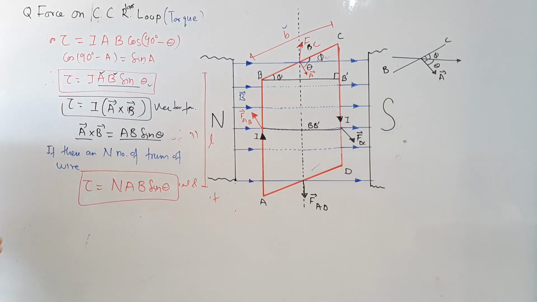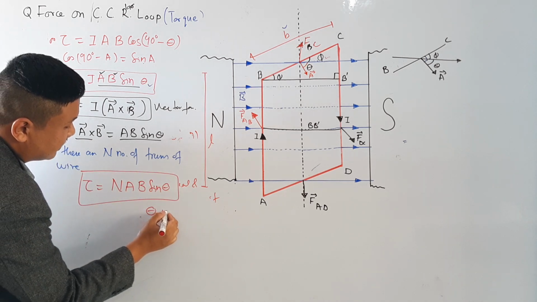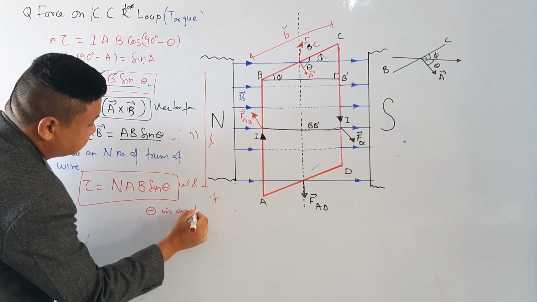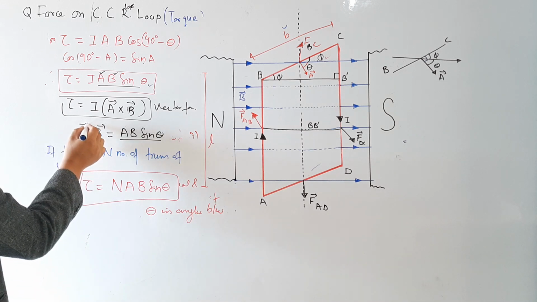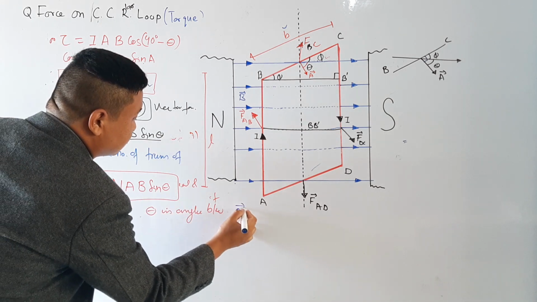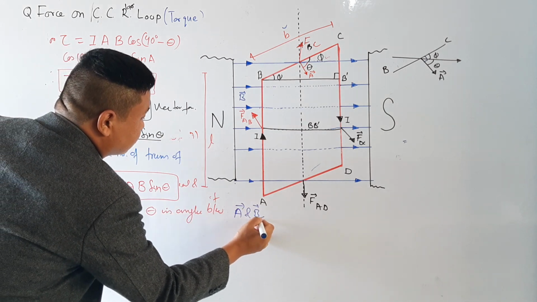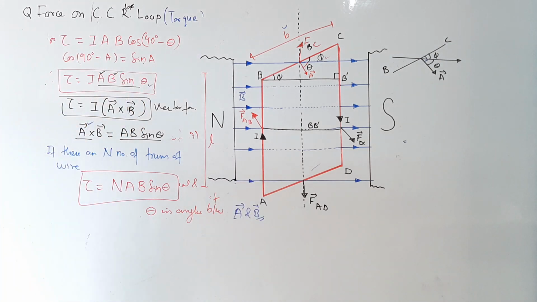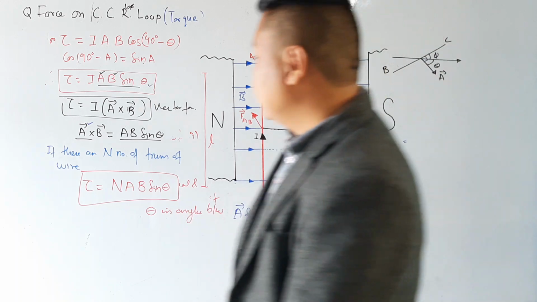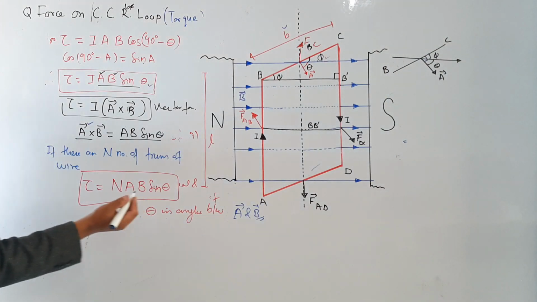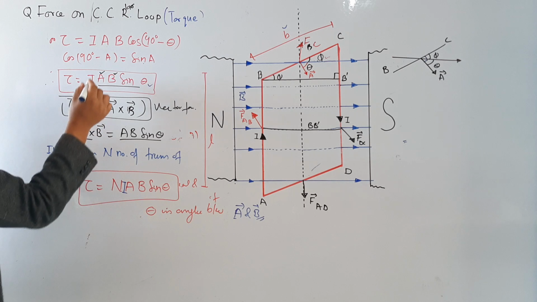And here you have to remember theta is the angle between this A vector and B vector, area vector and magnetic field vector. I is also there.